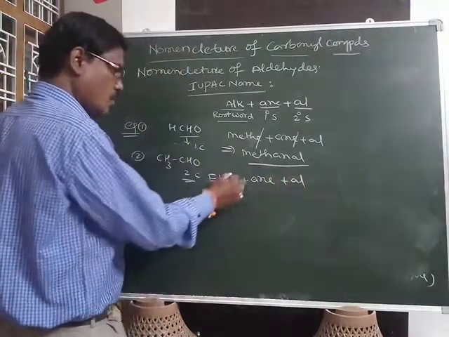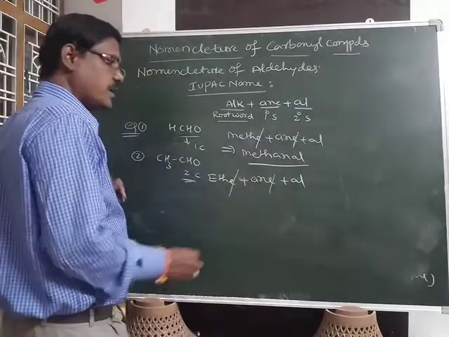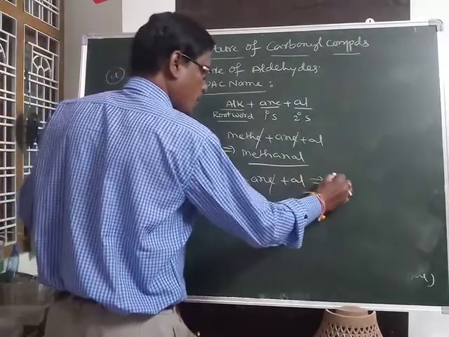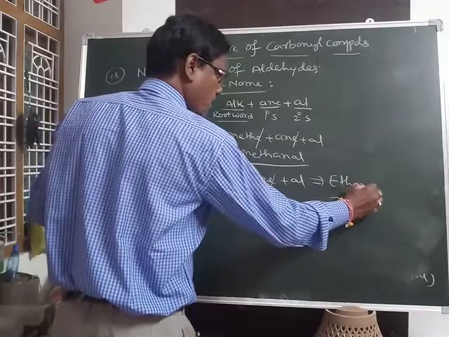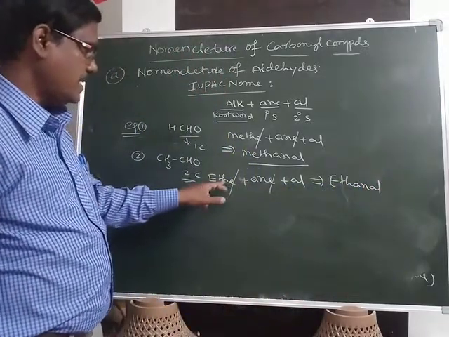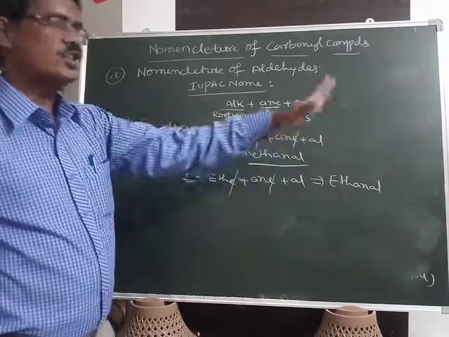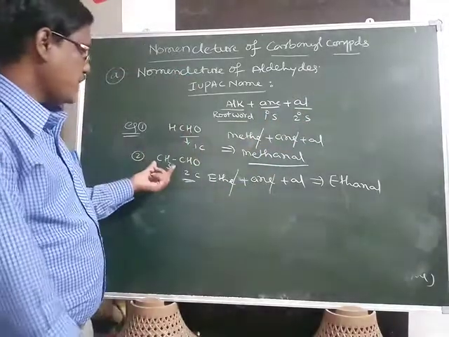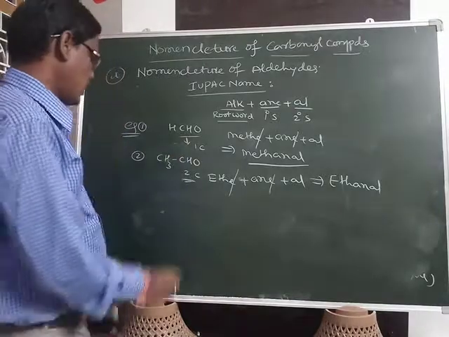In total, by cancelling e, we obtain ethanal. Ethanal is the IUPAC name of CH3CHO.